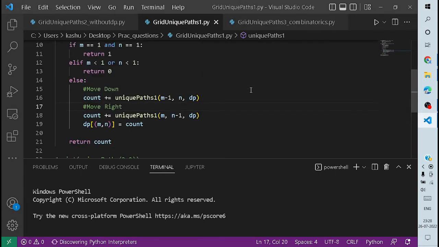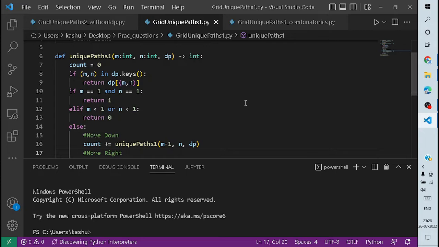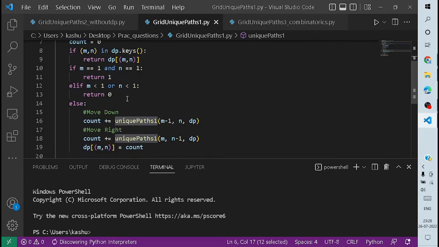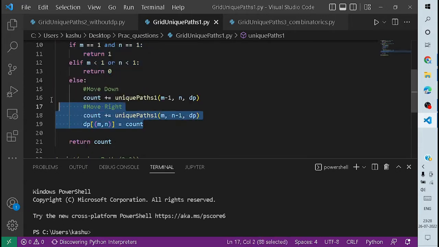So first, let's understand a little bit about recursion. Whenever there is recursion involved, there will be two sets of conditions. One condition would be the terminating condition and another would be the recursive condition. All right.